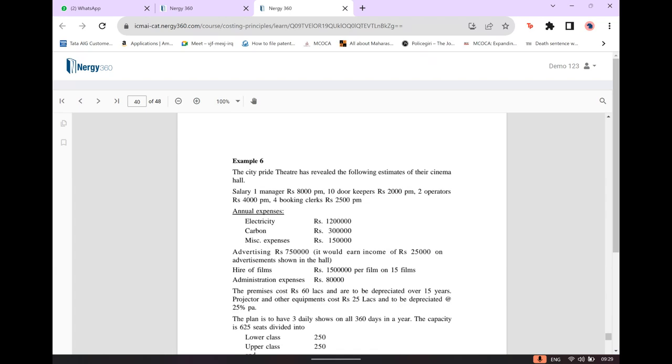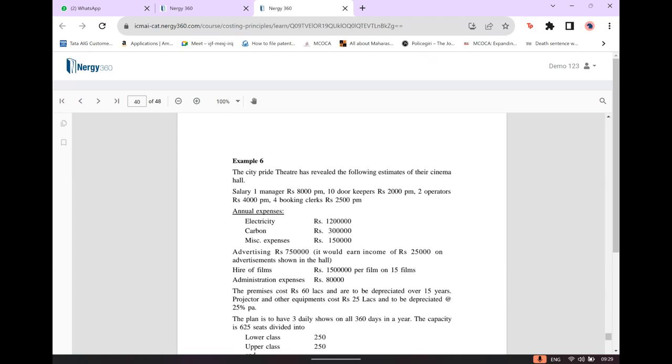Then you have annual expenses. Electricity, it is 12 lakhs. Carbon, it is 3 lakhs, and miscellaneous expenses 1,50,000. Advertising 7,50,000. It would earn an income of 25,000 on the advertisement shown in the hall.